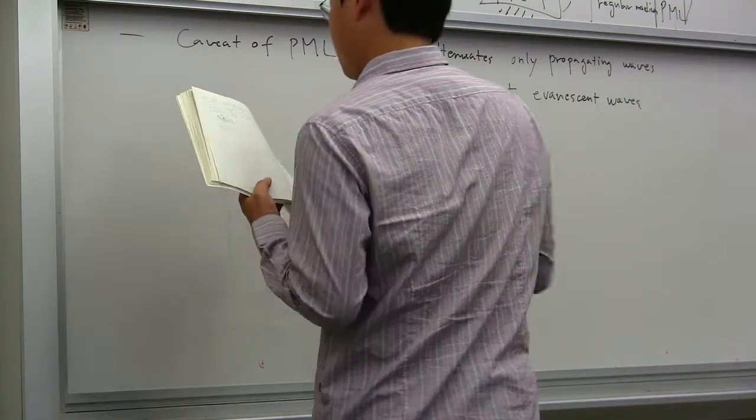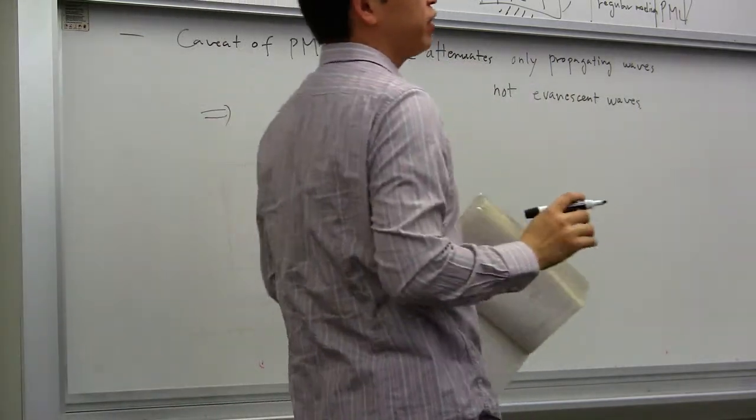Therefore, you should not put the scatterer close to the PML interface.